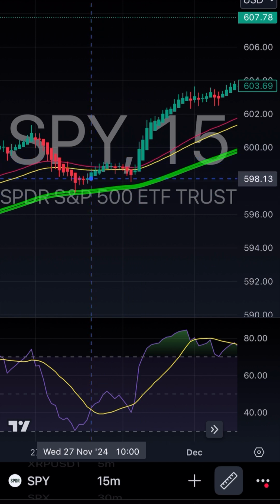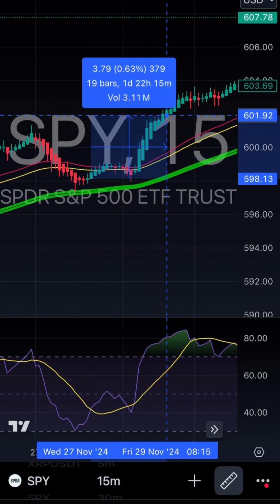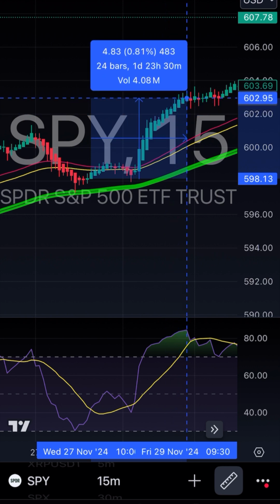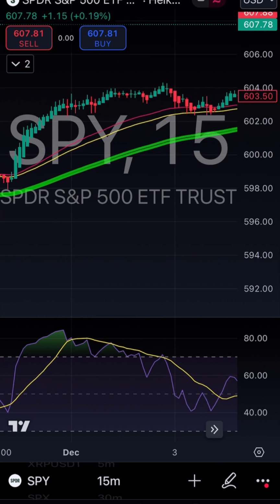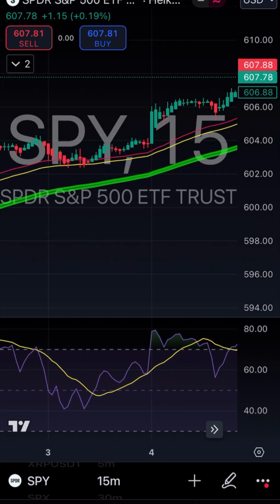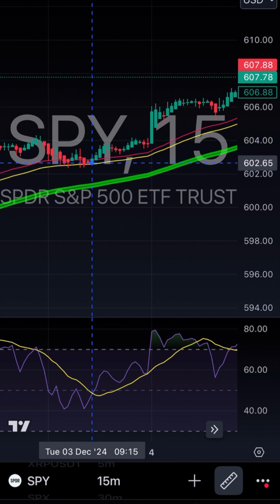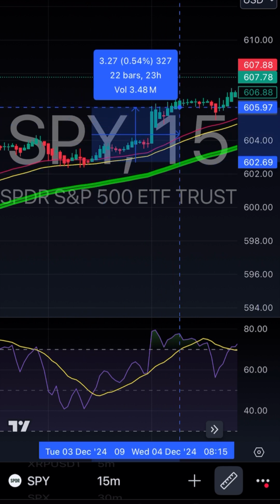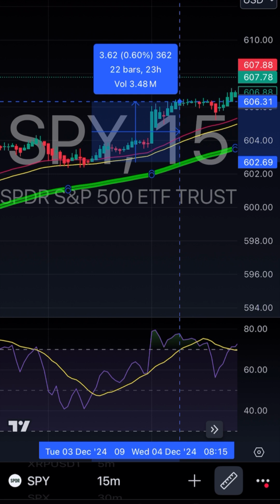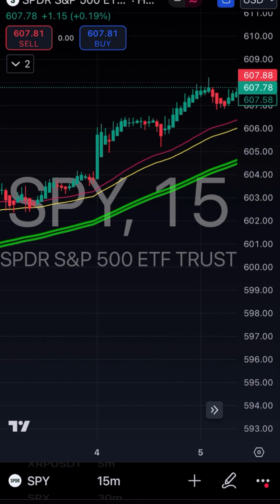And it crosses again right about here. So you ride it out. This is almost 2 days, $483. And you see it happen again right here. Right here to here. This is about $362. So that's how you do it.